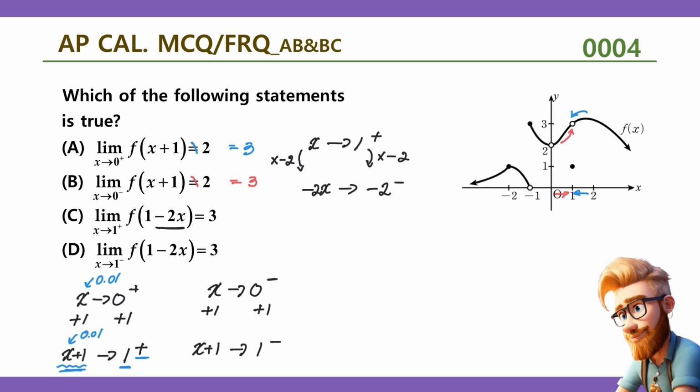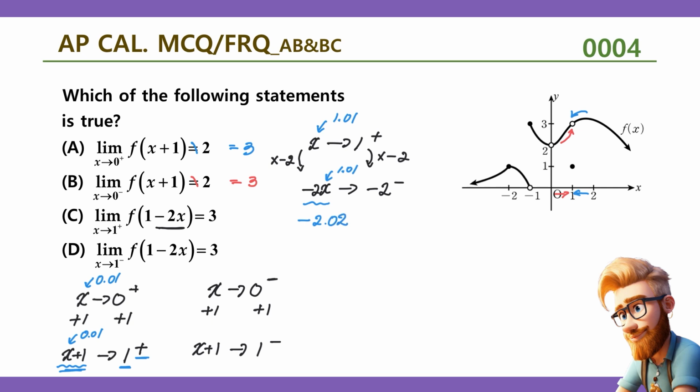Okay, think about this. x has to be a little greater than 1, right? So let's say x is 1.01. So if x is 1.01, negative 2 times 1.01, that's negative 2.02, right?